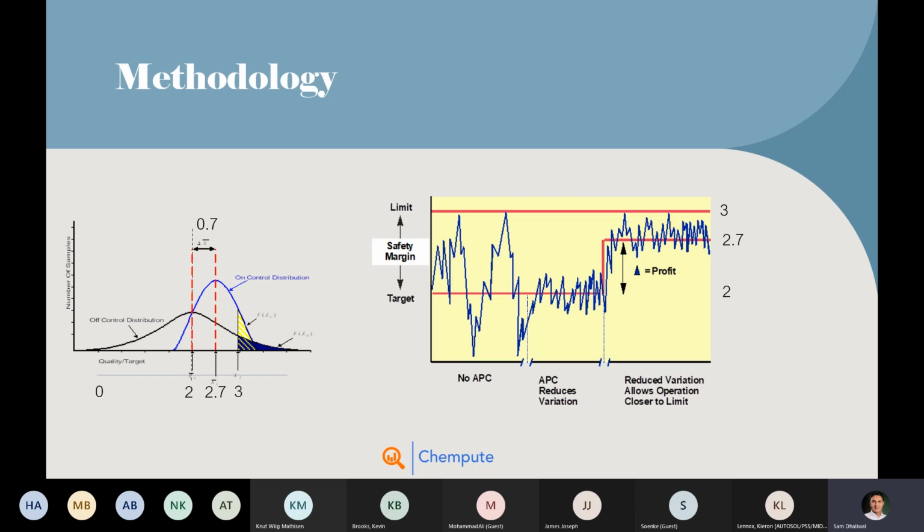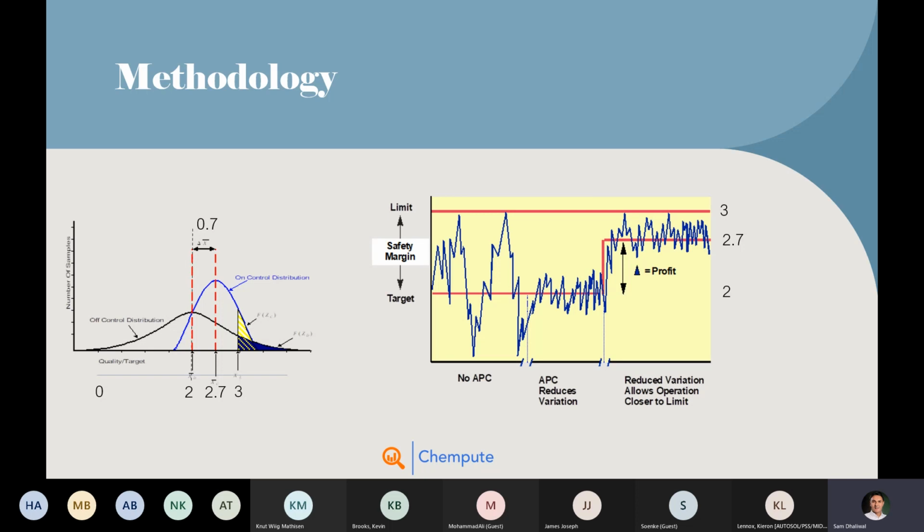And you can also see that depicted here, where you have a distribution which is very flat because of the nature of the way this is varying, and the average is 2%. With advanced process control, you can squeeze that distribution, meaning you can have less variation, and which means you can shift that average a little bit closer to the actual target of 3%. So let's say it shifts by 0.7%, and that extra 0.7% is perhaps generating extra flow, which means that you are effectively selling ethane as propane, right?